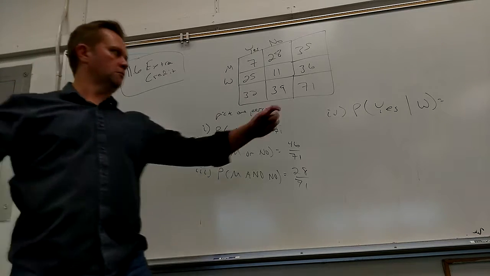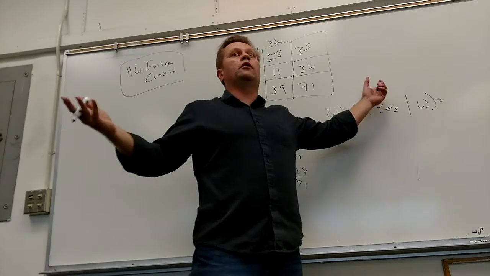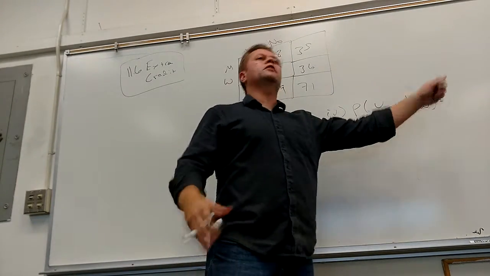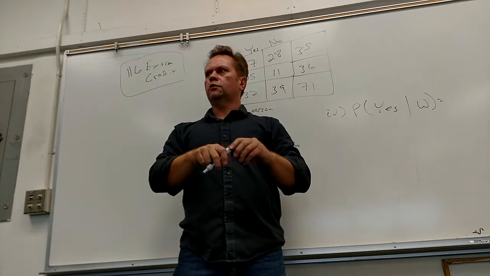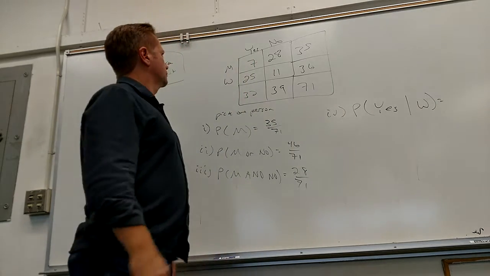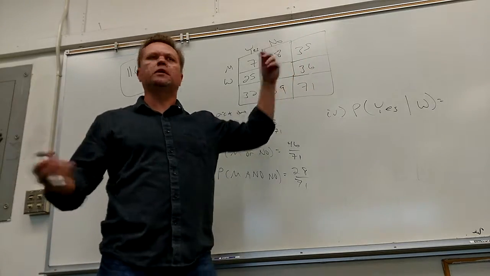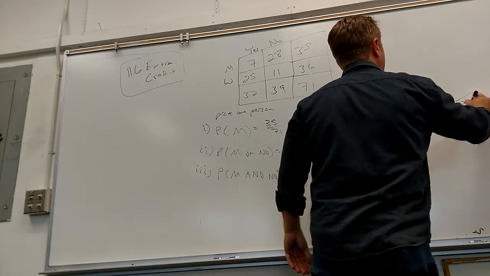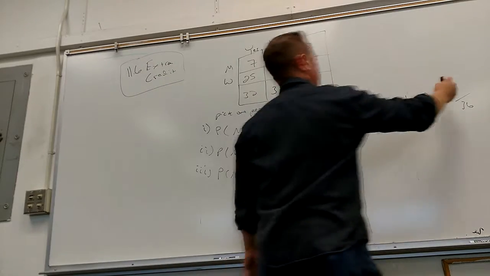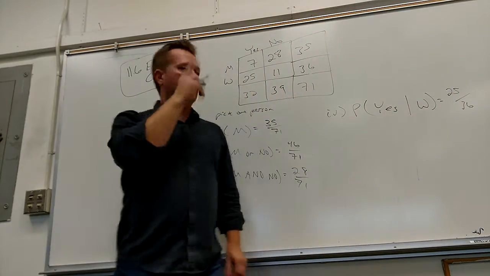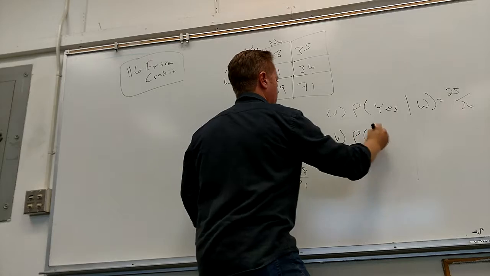I love it. I have no idea what they said. Given they're a woman, so what's going to go on the bottom? 36. There's 36 people it could be because I know it's a woman. Out of those 36, how many said yes? 25. I like it. And what's the probability that somebody said yes, period?